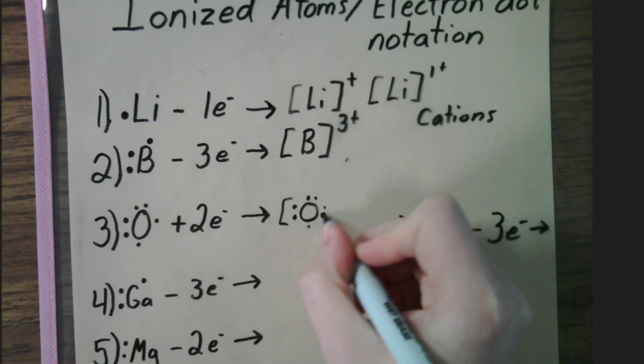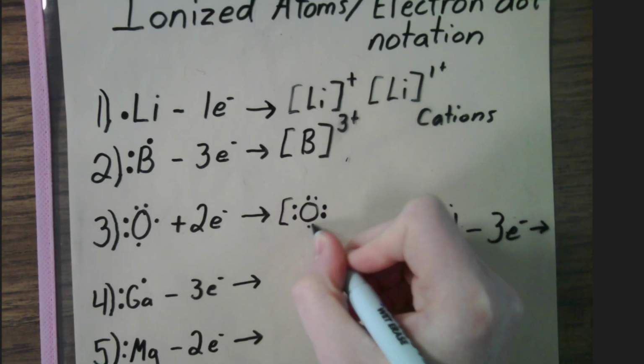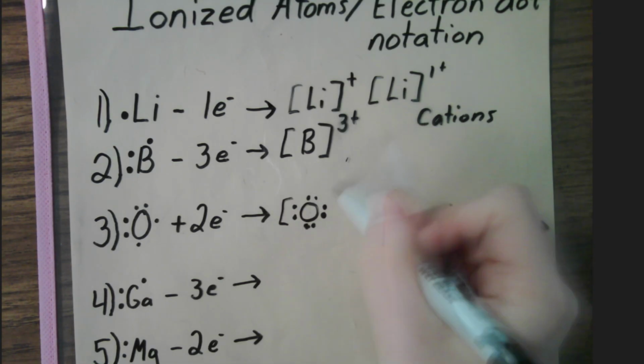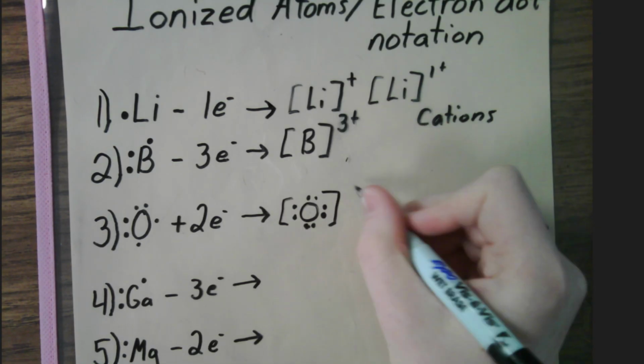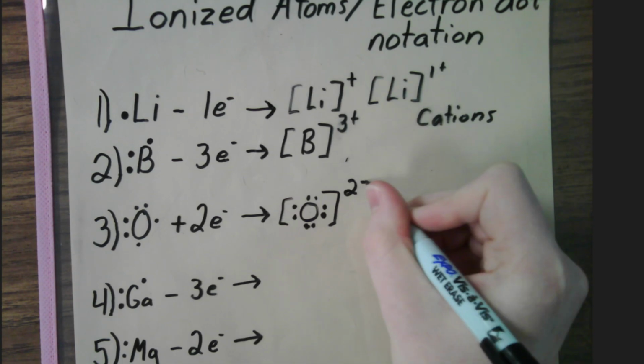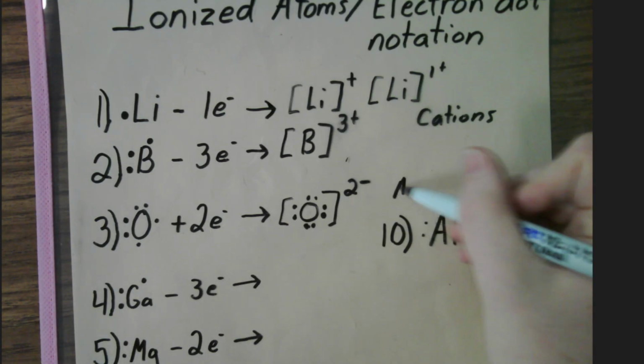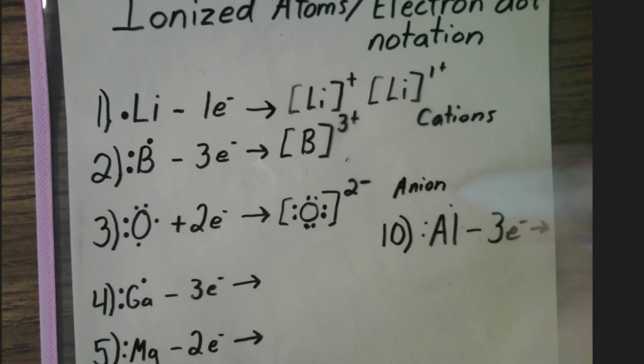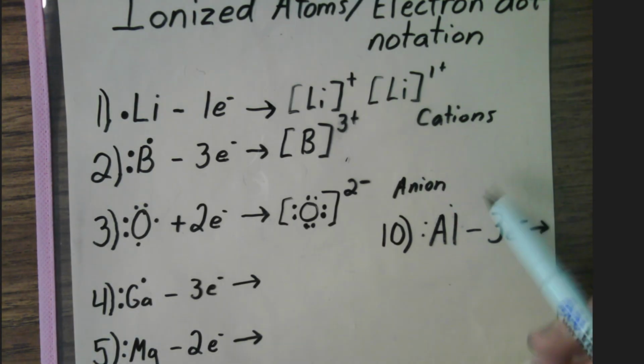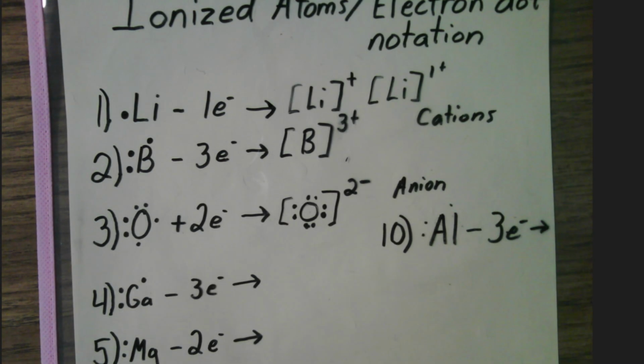So the electrons are going to get added to our oxygen. This is going to mean we're going to have a negatively charged, a -2 charge on our oxygen. This one is known as an anion. Positively charged are cations, whereas negatively charged are anions.